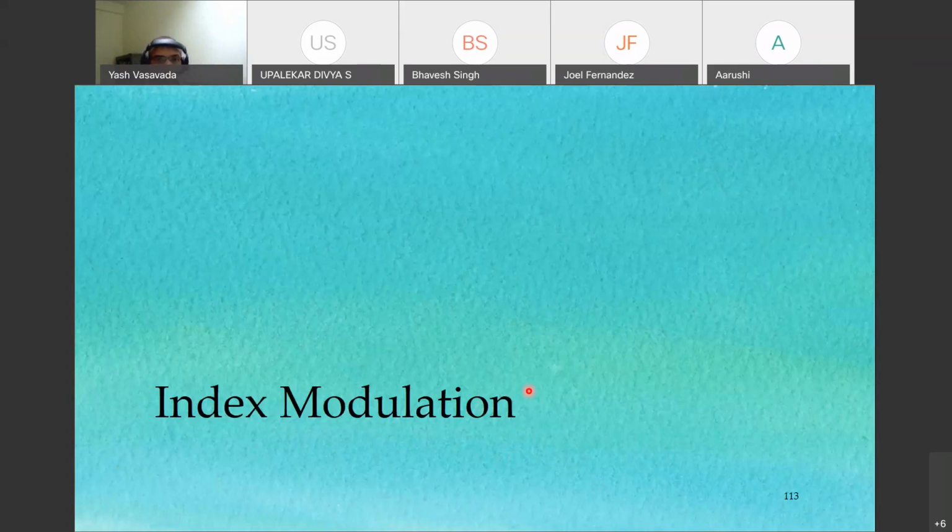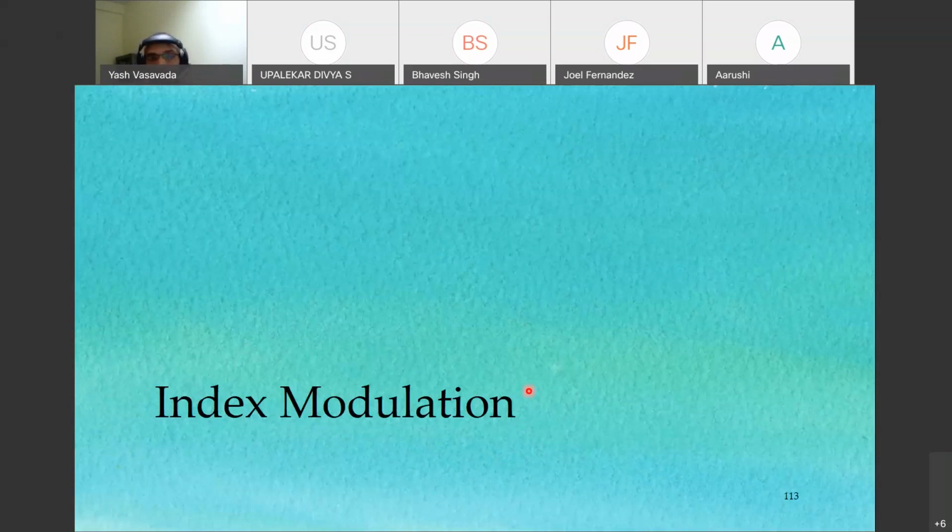But all I do is at the transmitter, I select one out of those 16 antennas. Basically, I light it up. I don't activate the other 15 antennas. I just activate one antenna at a time. But which antenna I'm going to activate, it is going to be up to me.